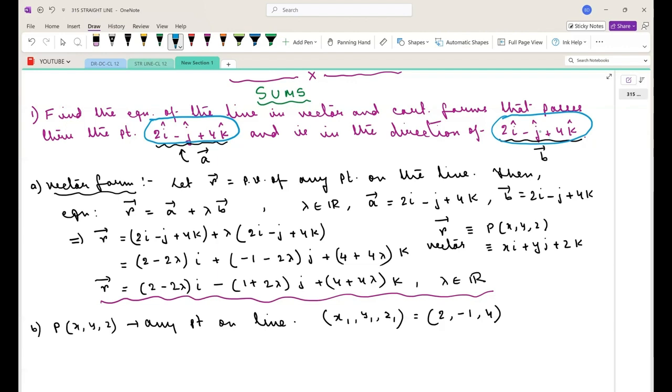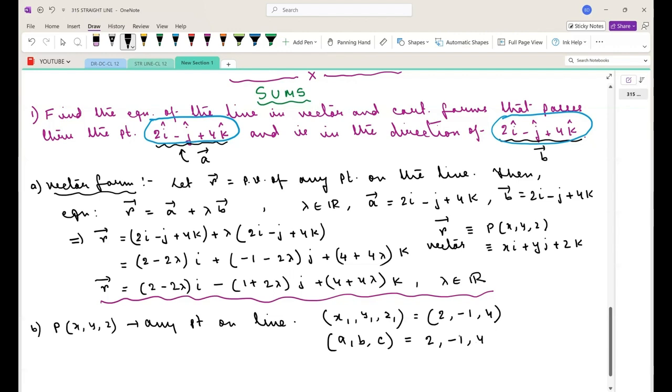Here the vector b is 2i minus j plus 4k. That means the DRs of the line along which the b vector lies will be 2, minus 1, 4. So since our line is parallel to this line, I can take the DRs of our line, that is my a, b, c, as 2, minus 1, 4.